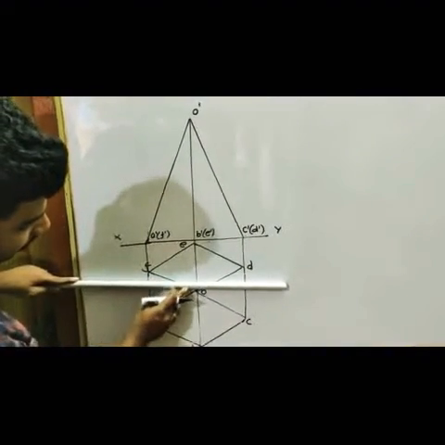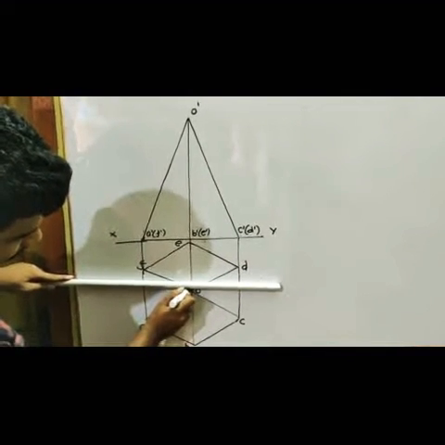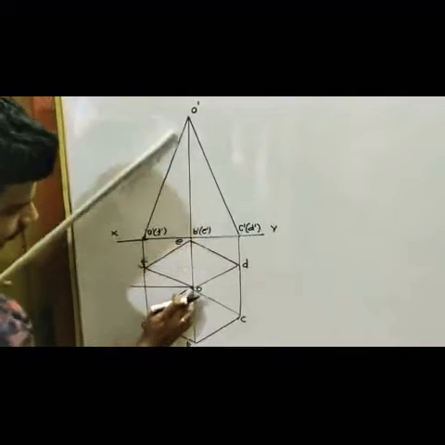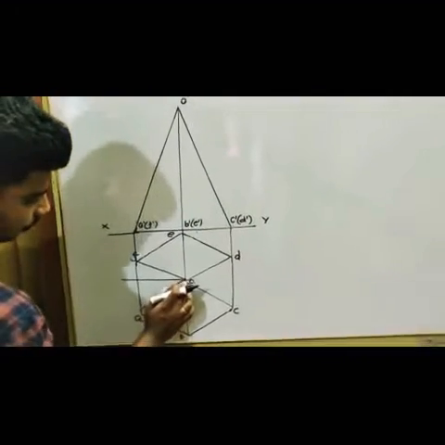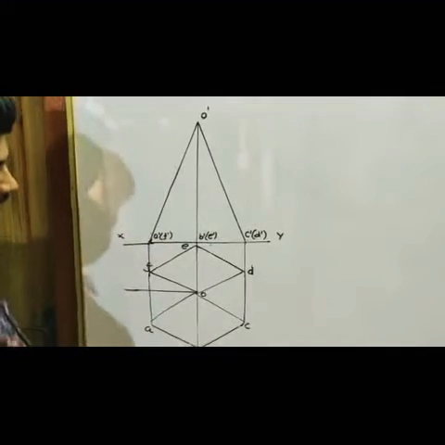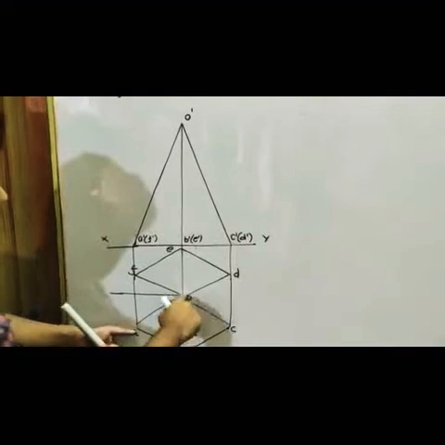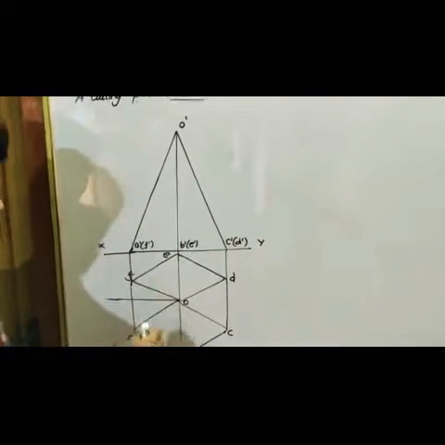So you have to draw a horizontal line passing through the point O. So from the point O, you just draw a horizontal line like this. Then with O as center and OA as radius, I am going to make an arc here.